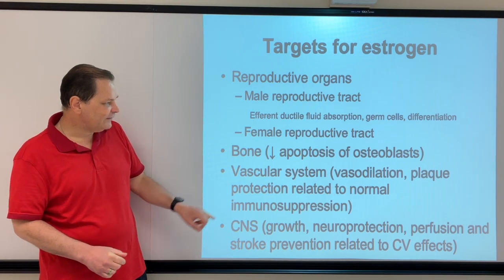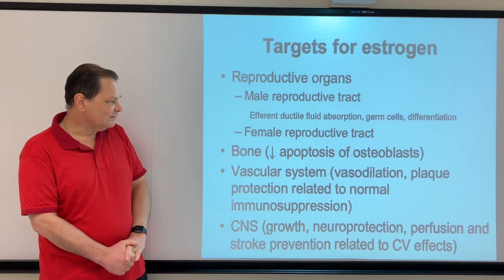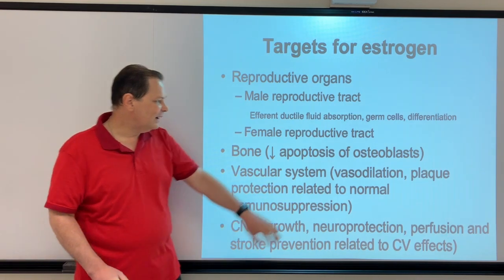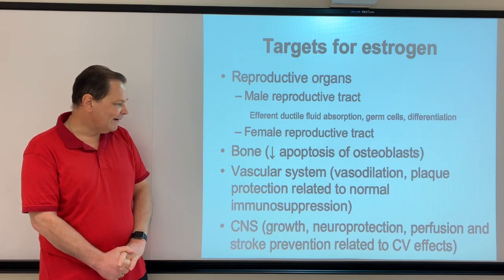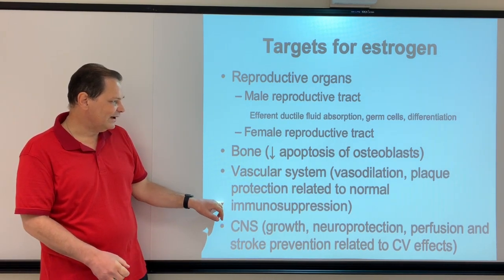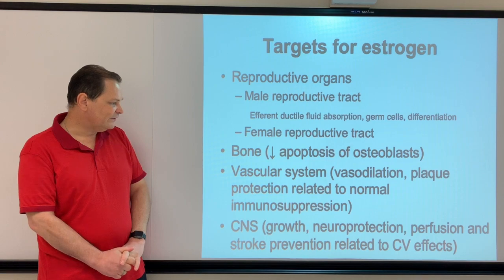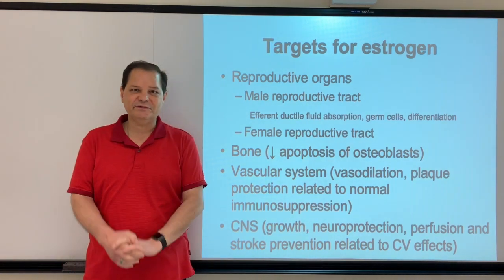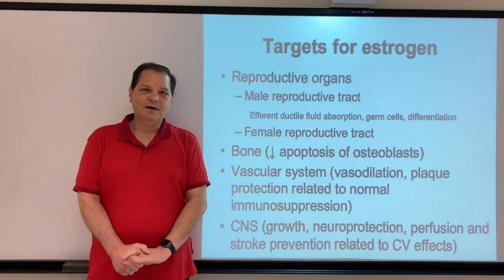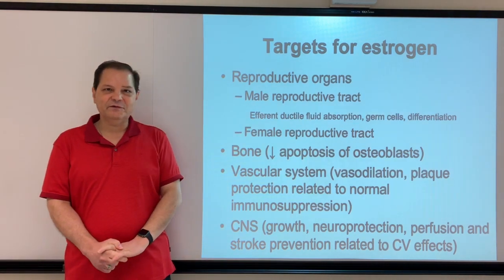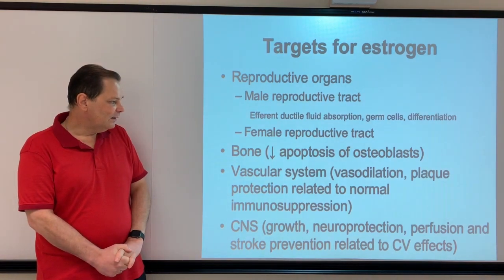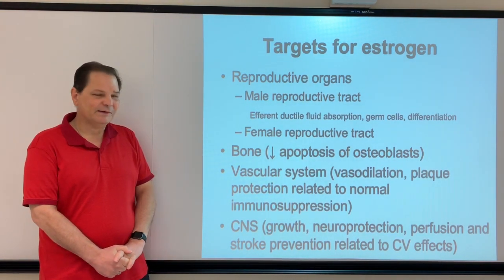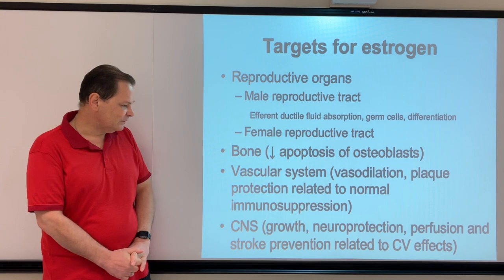In the vascular system, we didn't talk a lot about this in the vital fluids block, but estradiol is a vasodilator, and there is a certain amount of plaque protection that you get from estradiol. It's related to normal immunosuppression, since the immune system is associated with the development of plaques in the cardiovascular system, primarily. We're worried about that in the coronaries, but not exclusively.